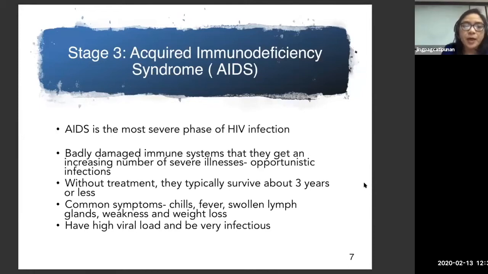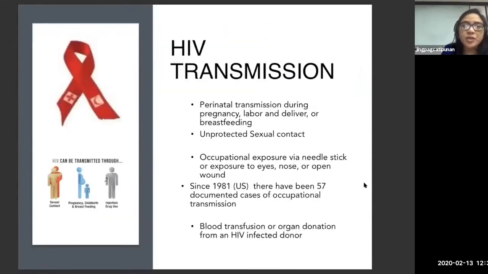Okay, so we all know that in children, HIV transmission can be through perinatal transmission during the pregnancy, labor, and delivery, or even during breastfeeding. Unprotected sexual contact is for the older age group. So we have seen earlier that teen pregnancies are increasing now.